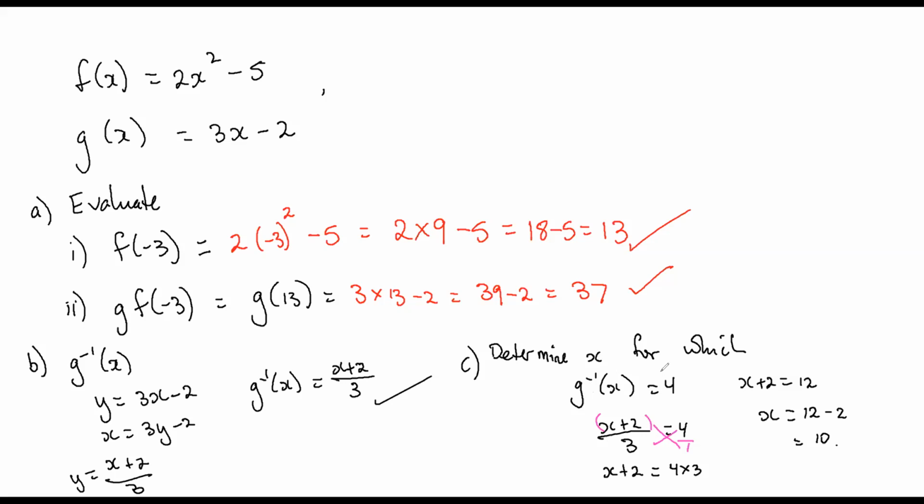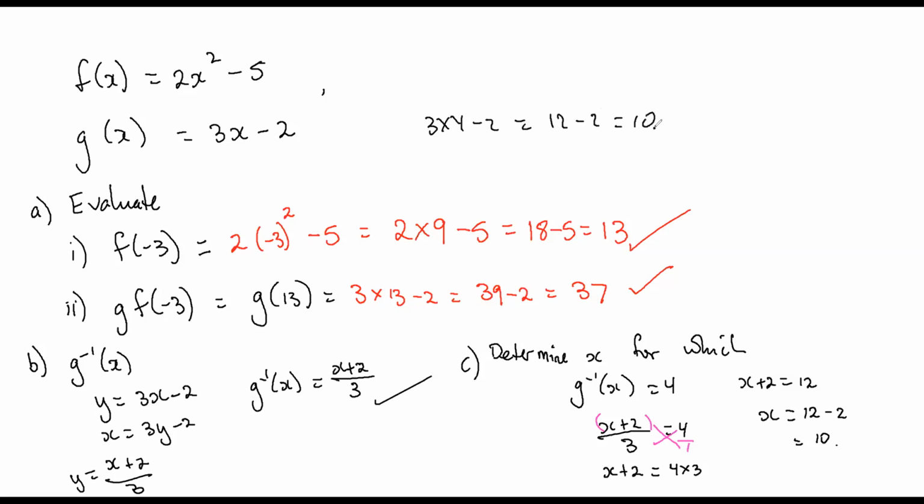So what this is actually saying, determine what you get out if you started with 4. So all you had to do was put 4 into this and do 3 times 4 minus 2, which is just 12 minus 2, which is 10.